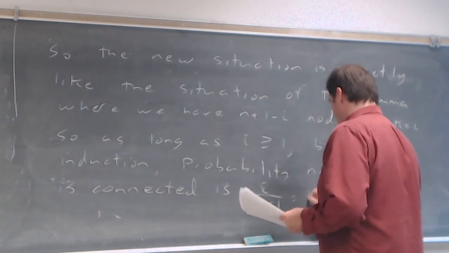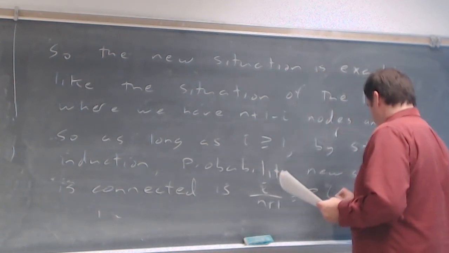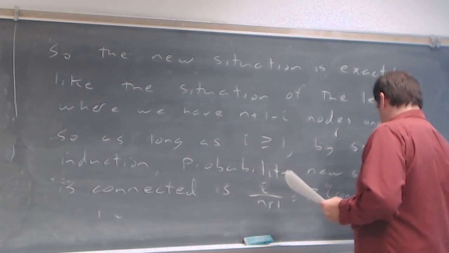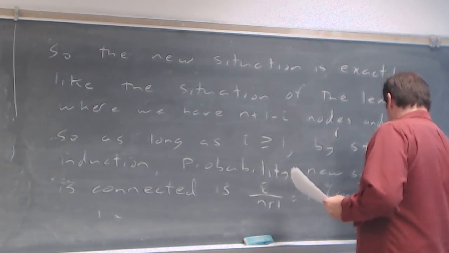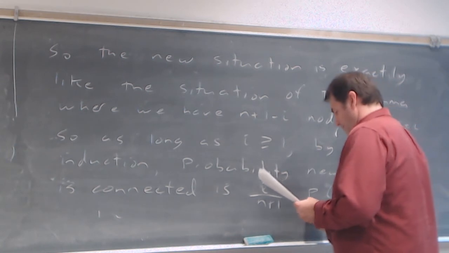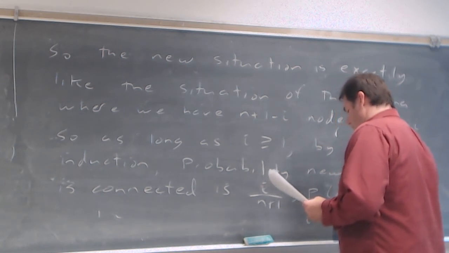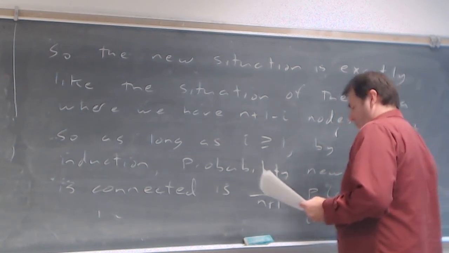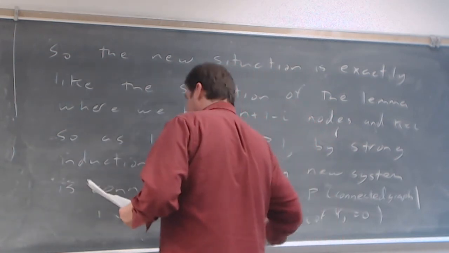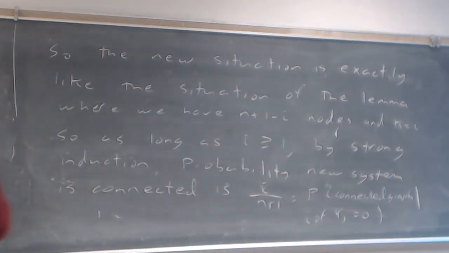And that's equal to the probability that we have a connected graph given, okay, given what? I of the y sub j is equal to 0. That's what that is. Now, we do have to consider the case where I is equal to 0.